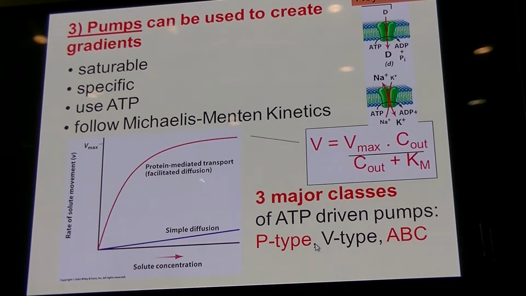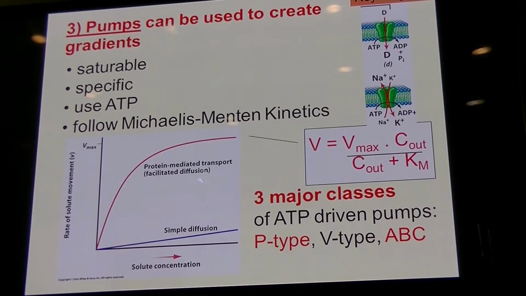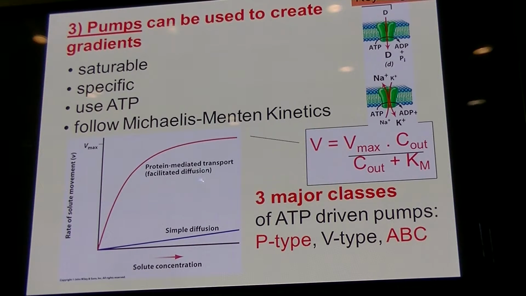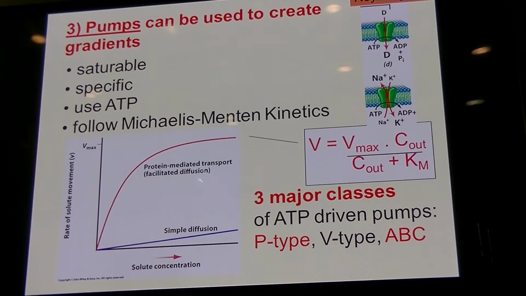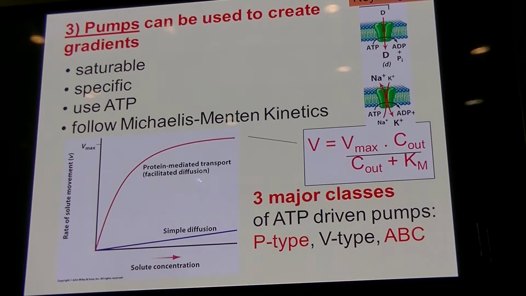So the three major classes we see in nature are the so-called P-type or P-class pumps, where P stands for phosphorylated intermediate. These are enzymes that phosphorylate themselves, that causes a conformational shift in the protein, and it functions as a pump.